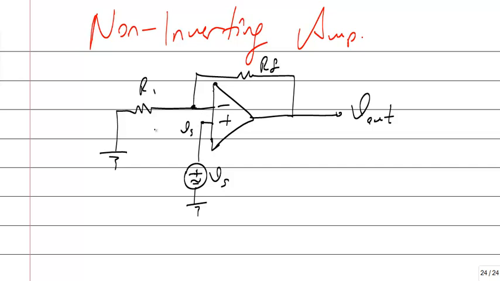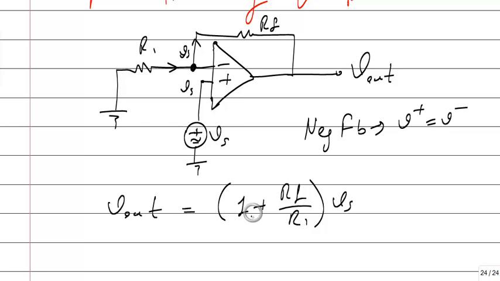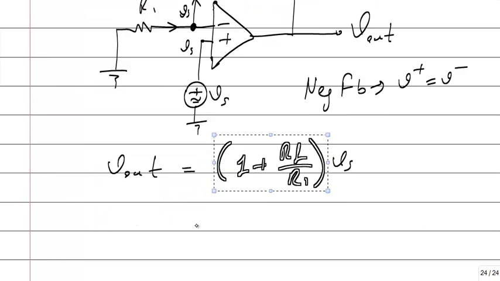There is a negative feedback, so this voltage is V source too. We know that if there is a negative feedback, V plus should be equal to V minus, and if KCL is applied on this point, V out will be 1 plus RF divided by R1 times V source. So as you see, this portion is always positive, so the gain is always positive, and it's always higher than 1.